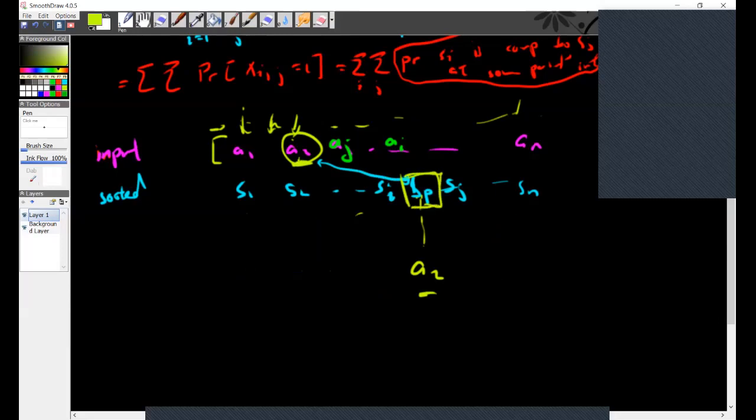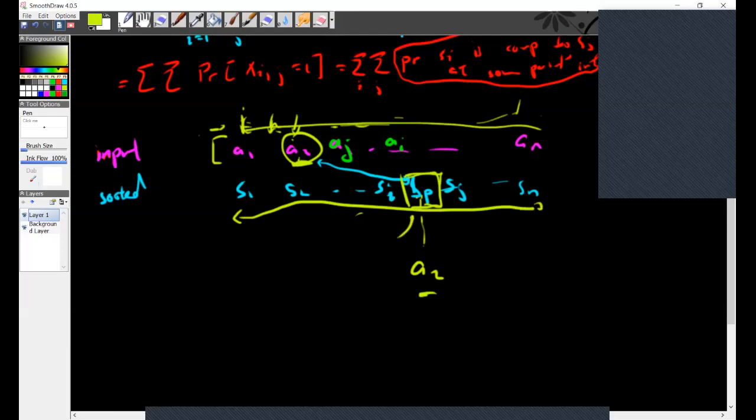Then I know every element in this array is compared to it. It's the same as saying every element in the sorted array is compared to it, even though the algorithm works on the input. The comparisons don't change, right?